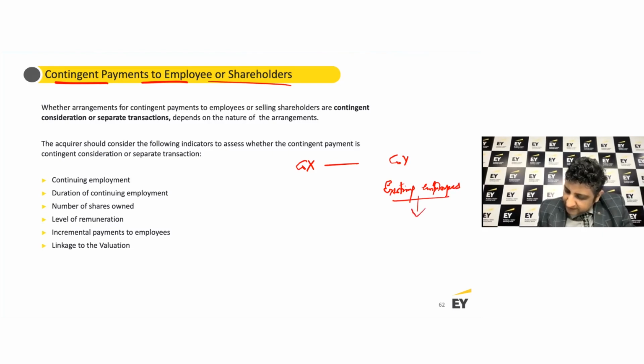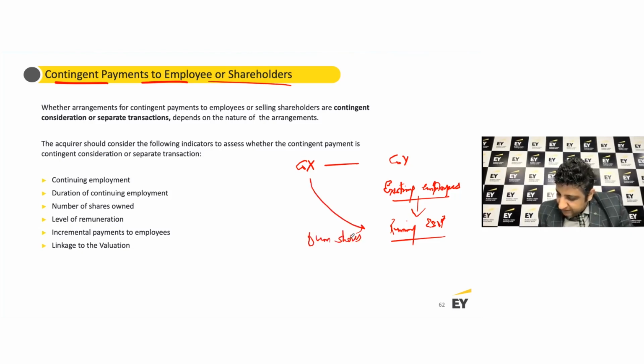And there could be an existing or a running ESOP scheme as well. Of course, the employees working in that company. Now what you need to remember is that if company X issues its own shares, for example, in this scenario, in lieu of the running scheme, right?